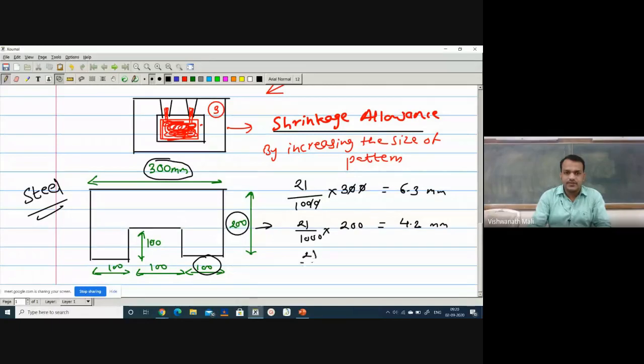Then for the 100 mm dimension, we need to give 2.1 mm shrinkage allowance. So this is the quantity of shrinkage allowance. Now how to give the shrinkage allowance, that we need to see.